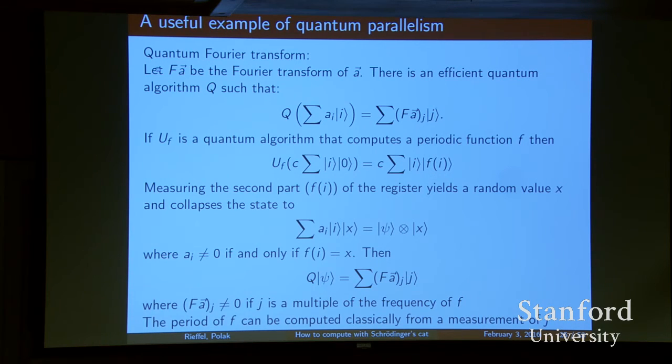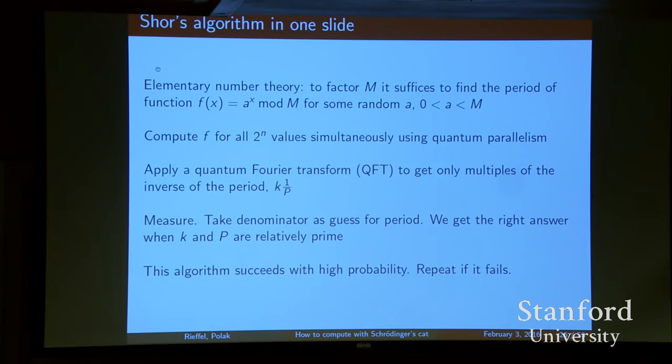That's what the Fourier transform will do for you. And if you measure j, you get some multiple of the frequency, and you can use classical algorithms to actually compute the real frequency or the period of that function. And that's the essence of Shor's algorithm.